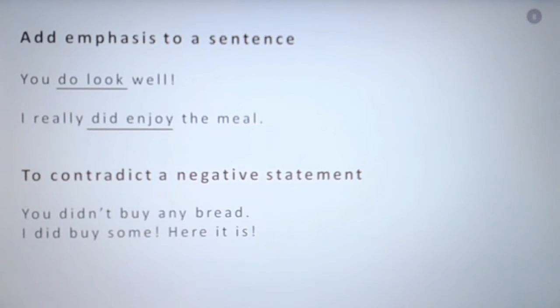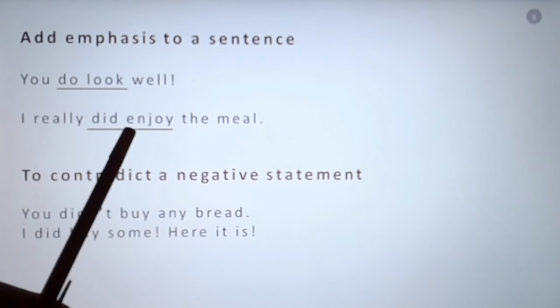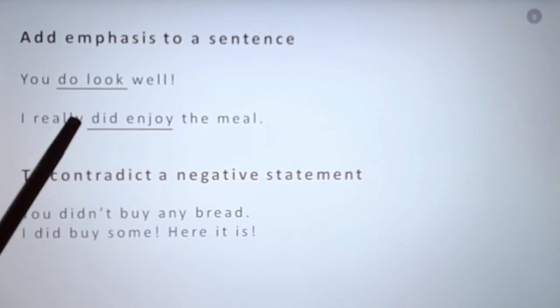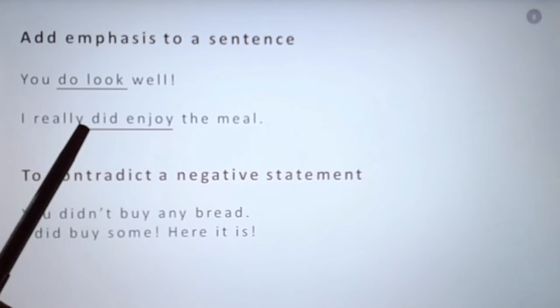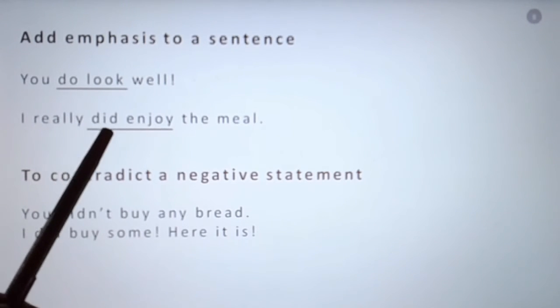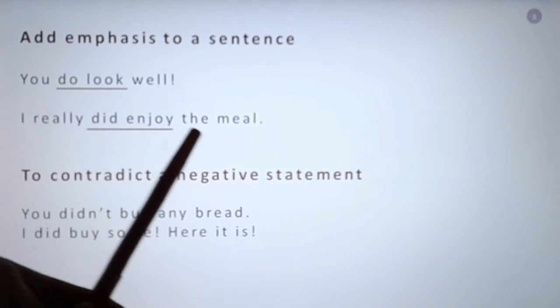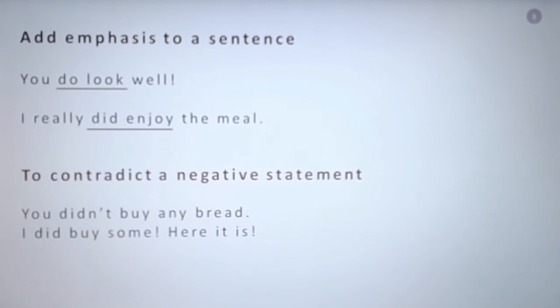Now take a closer look, guys. Here, instead of using the verb do of enjoy, you use the verb do as the emphatic do. So this turns into I really did enjoy the meal. That's how you should use emphatic do.